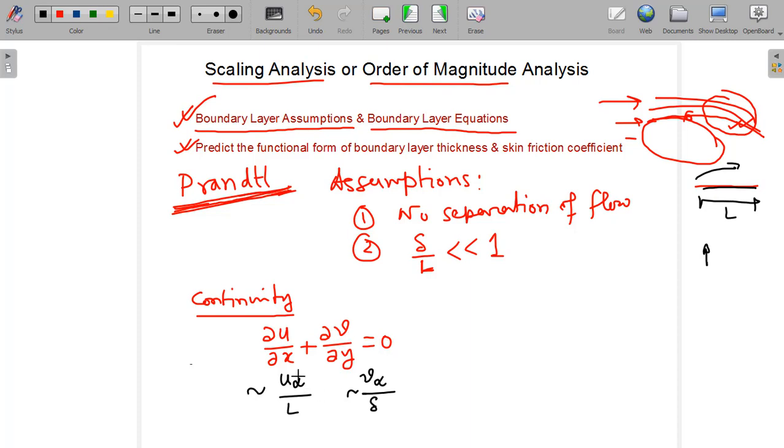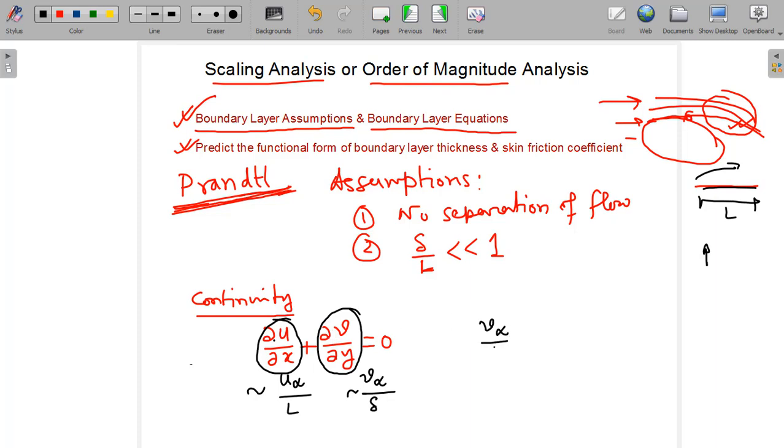The order of magnitude of this quantity must be equal to the order of magnitude of the first term, otherwise these two terms cannot cancel and produce 0. So they must have similar order of magnitude. We are not bothering about their sign or multiplication or division by 1, 2, 3, as those do not change the order of magnitude.